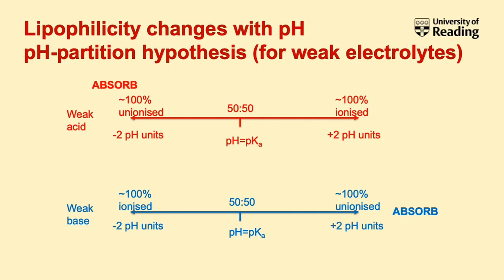And for a weak base, you'll go for higher pHs, so maybe that would mean preferred absorption in the small intestine. But that doesn't take into account surface area of the intestine and other factors that would lead to how a material can absorb.